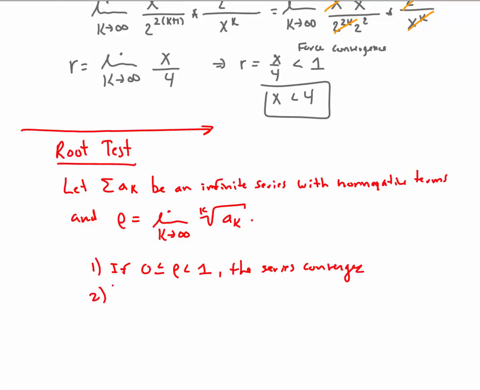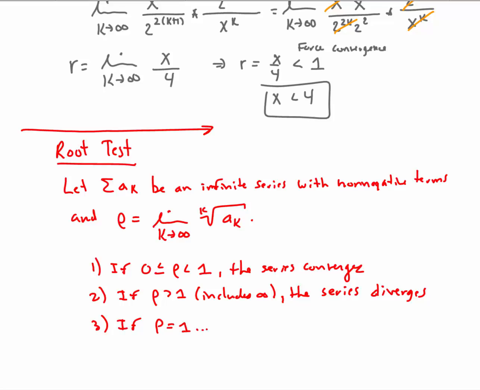Second case, if rho is greater than 1, and this of course includes infinity, the series diverges. Third case, if rho equals 1, just as above, the test is inconclusive.